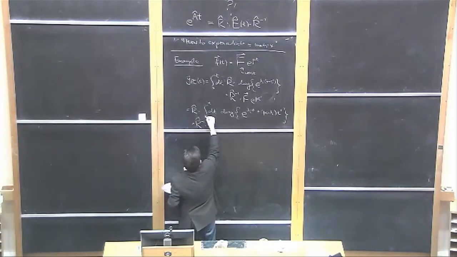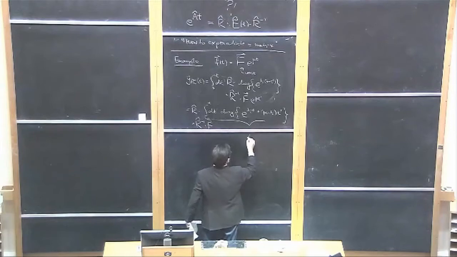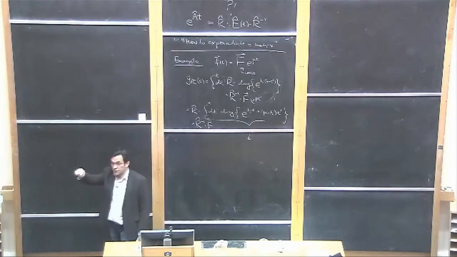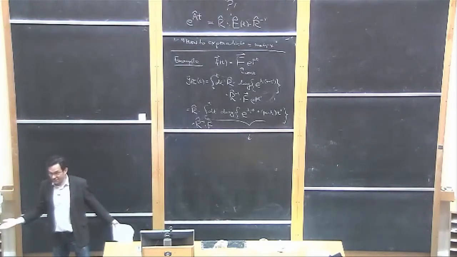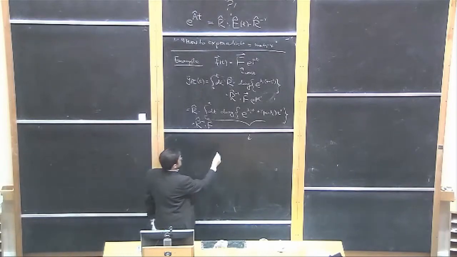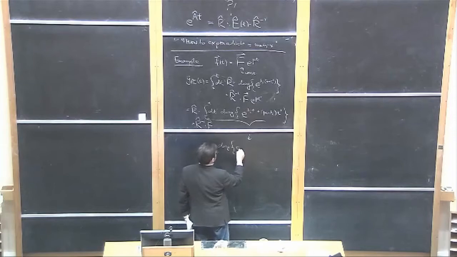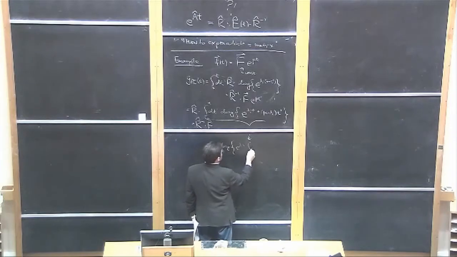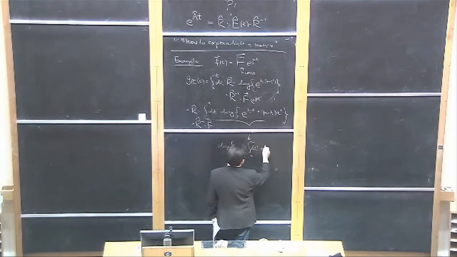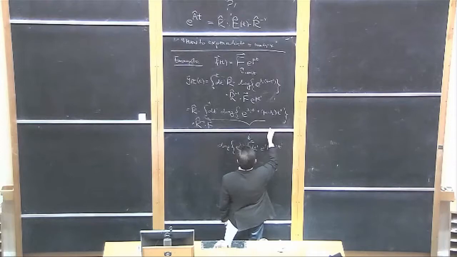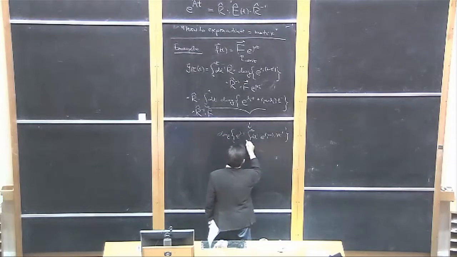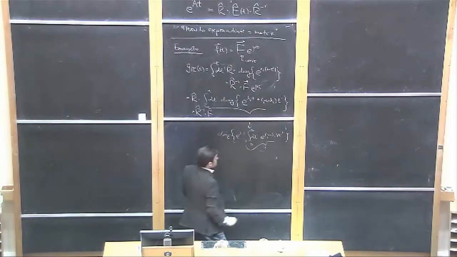But of course, integrating the diagonal matrix is the same as integrating each of its elements and putting all that on the diagonal. So this is the same as the diagonal matrix e to the lambda I t, integral dt prime from 0 to t of e to the (mu minus lambda I) t prime. This integral is easy to do.